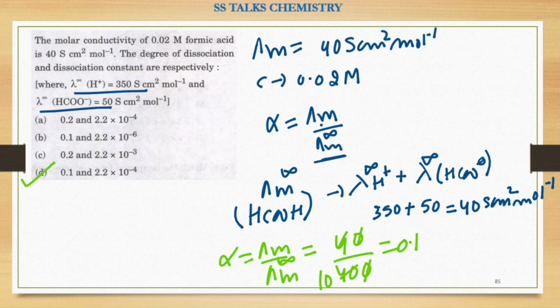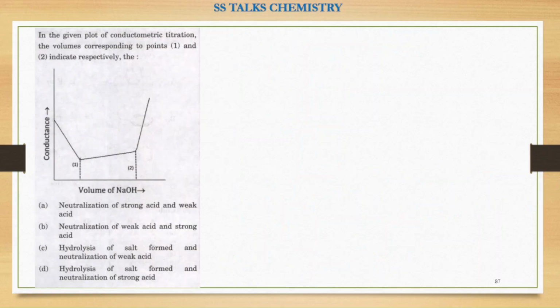Alright. Now moving on to the next question. It says: in the given plots of the conductometric titration, the volumes corresponding to points 1 and 2 indicate respectively what? It is a mixture of acids, and again this type of question was asked in previous years. The first point represents strong acid neutralization, whereas the second point represents weak acid neutralization.